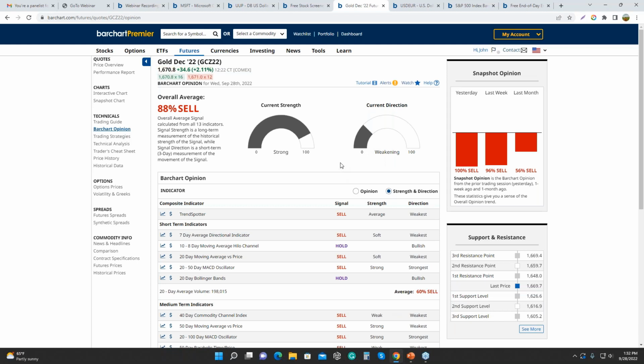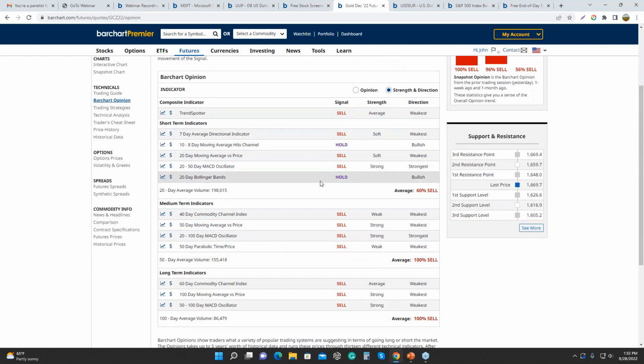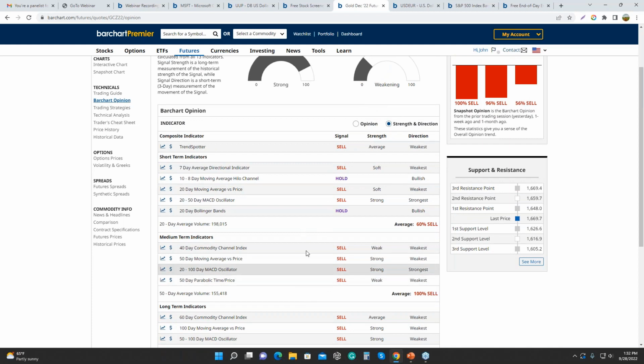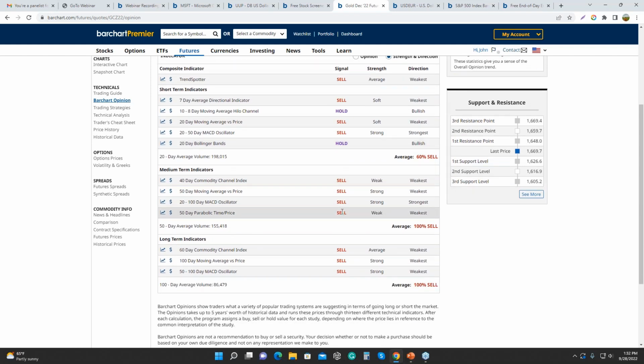So what I might do if I'm going to re-engage this trend, I want to probably see that my current direction starts to strengthen. In other words, starting to see price move back down. And you notice that none of our indicators here are bullish. Only a few of them are what we would call holds. Right? We're kind of hanging in there for the time being.